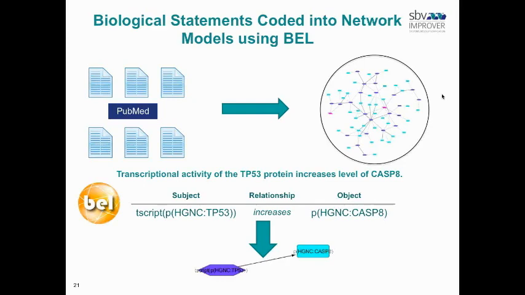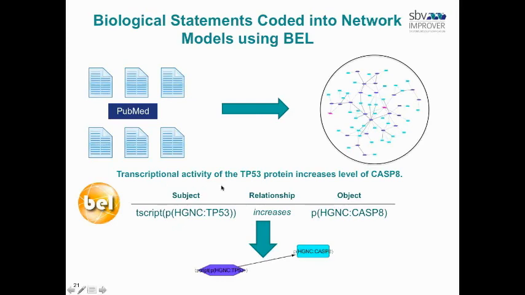The advantage of this language is that it's not difficult to figure out. It's human readable and it's computer readable. Since in this particular challenge we have mostly biologists who participate, being able to read a BEL statement is very important for them to make contributions to this project.